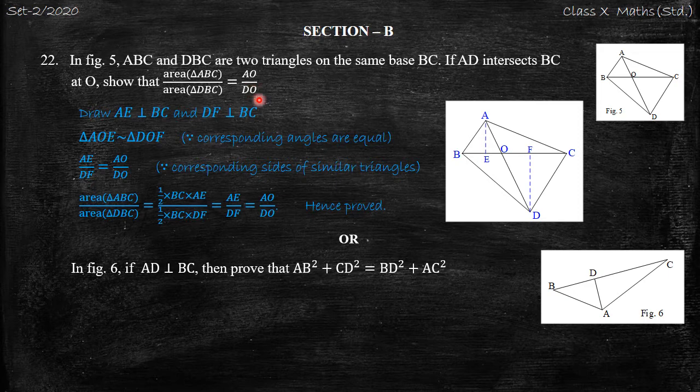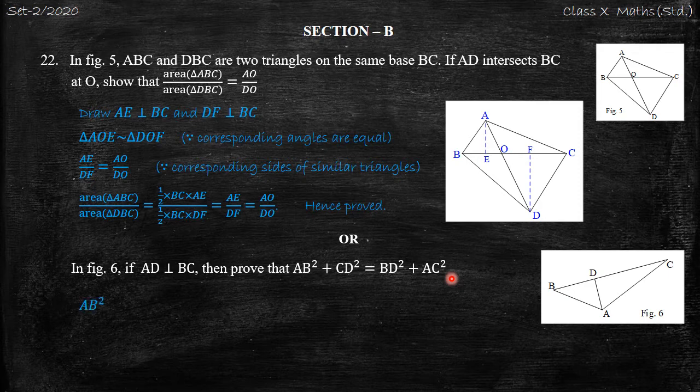Okay, next the choice question. Also on a triangle. So there is a perpendicular here, and you need to prove this. If you see this type of question with squares of sides, immediately think of the Pythagoras theorem.